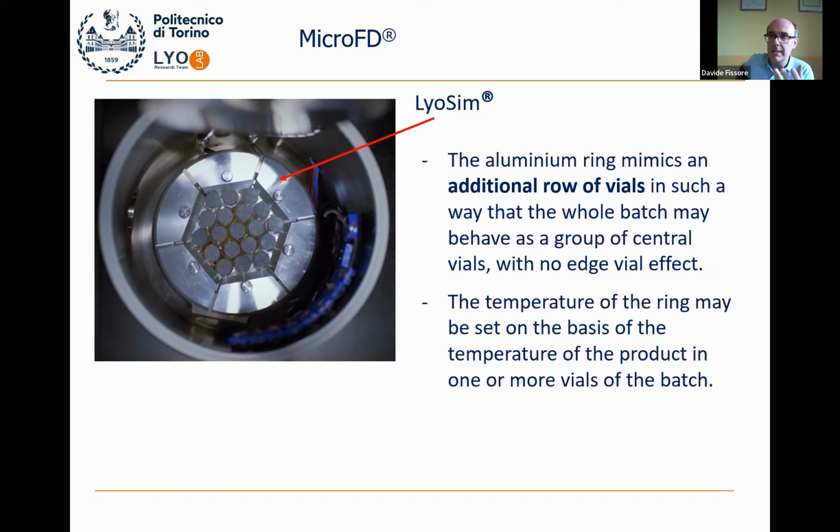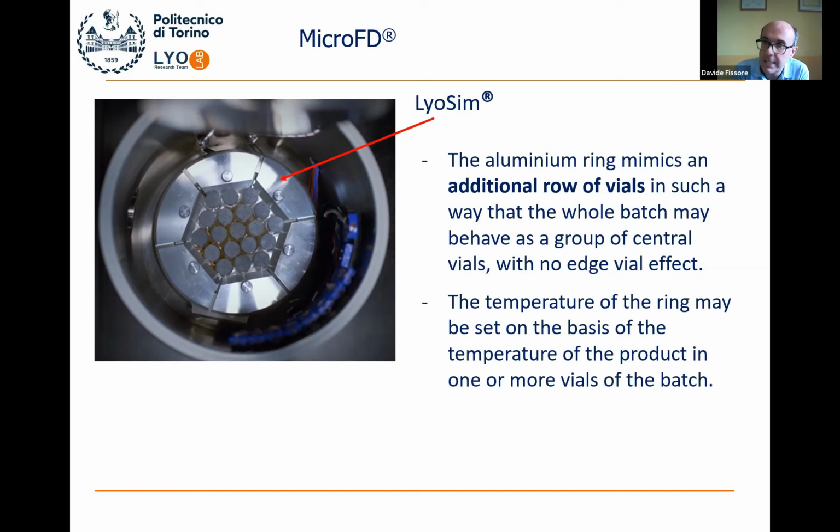This is an important degree of freedom that you have. Why? Because by manipulating the temperature of the aluminum ring, you affect the amount of heat that is given by the equipment to the vials that you are processing in MicroFD.